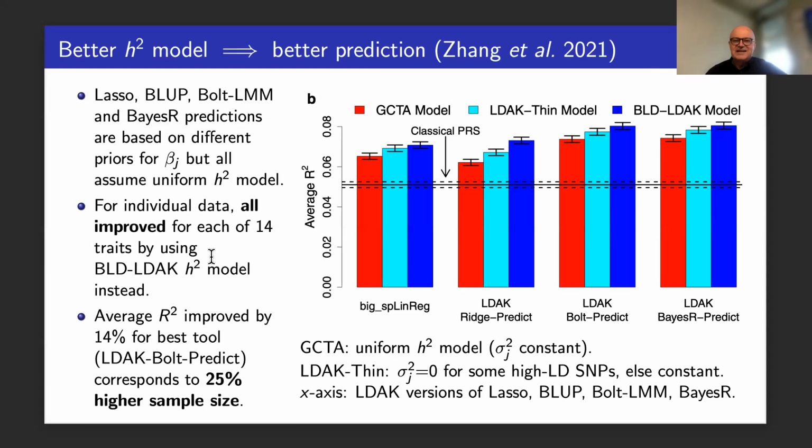I'll give you a few details. This slide is for methods based on individual data. And what Doug first did was re-implement all these methods within his LDAC software. So I've mentioned the LDAC model. There's also the LDAC software, which Doug Speed maintains. So this LDAC BayesR Predict is the BayesR prediction software in the LDAC implementation of it.